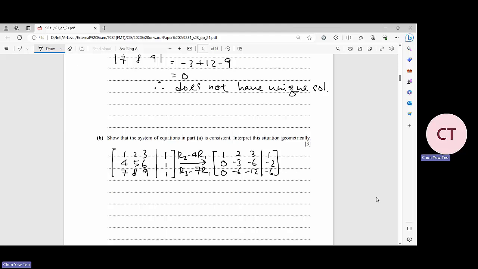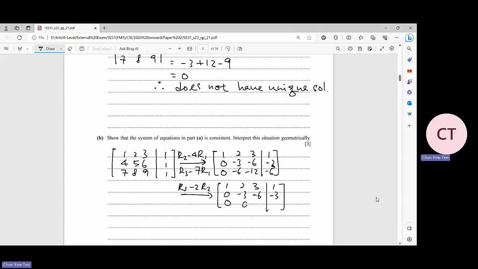Then from here, we continue further. The first row, copy down. The second row, copy down as well. This one is -3, yeah, I made a mistake. Then after that, the third row, I take R3 minus 2R2.